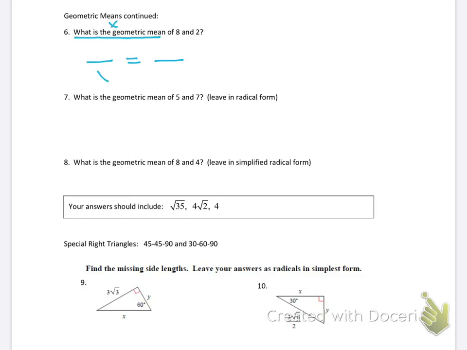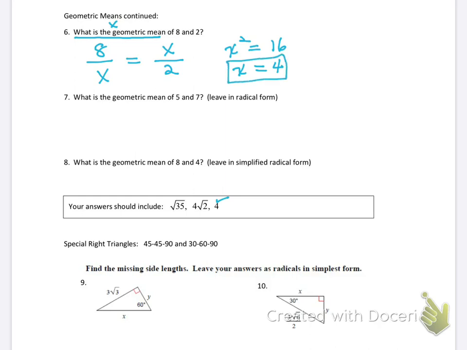So those are the two numbers. X has to go in the geometric mean spot, because that's what we're looking for, and 8 and 2 go in the other two spots. So x squared equals 16. So therefore x is going to equal 4. Okay, I also added this little box. Okay, so x is 4 there.